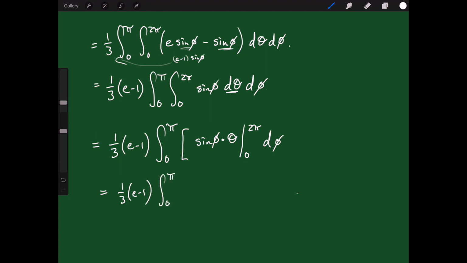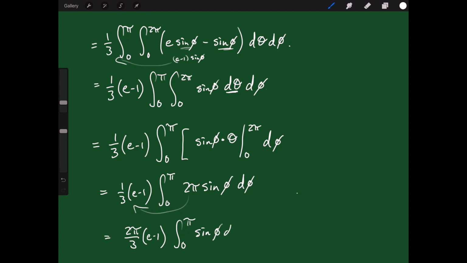If I plug in the 2 pi, I get 2 pi times sine phi. And if I plug in 0, I get 0. So this is just d phi. By the way, the 2 pi could come out. So I get 2 pi over 3 times e minus 1, integral 0 to pi of sine phi d phi.